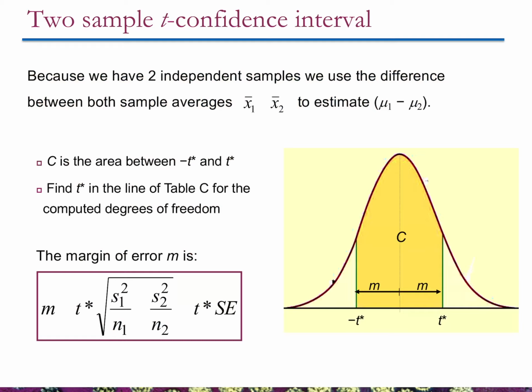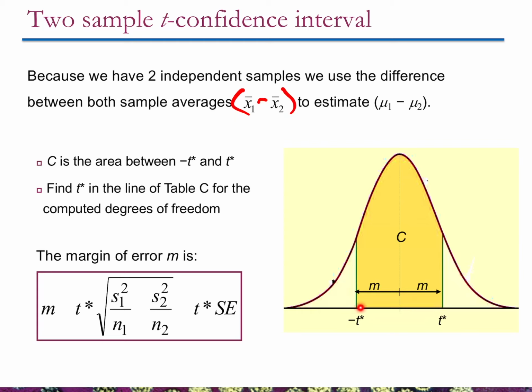Okay, let's talk about confidence intervals now. Because we have two independent samples, we're going to use the difference between both sample averages, right? So, sample mean 1 minus sample mean 2 to estimate the difference in our population means.